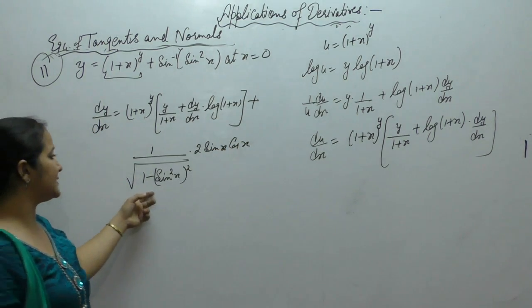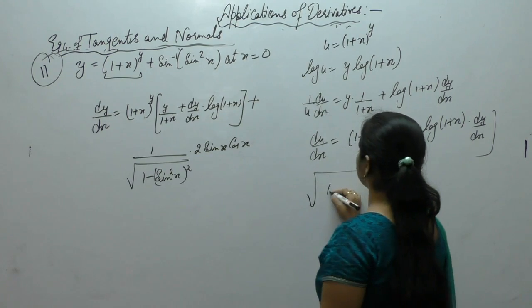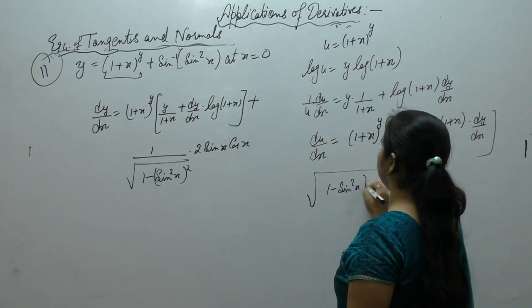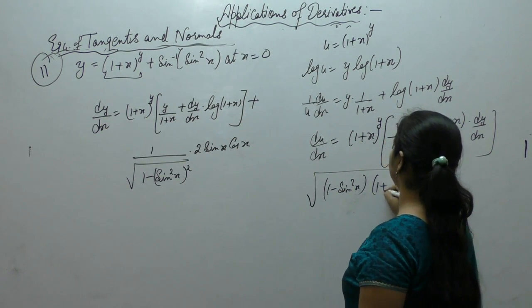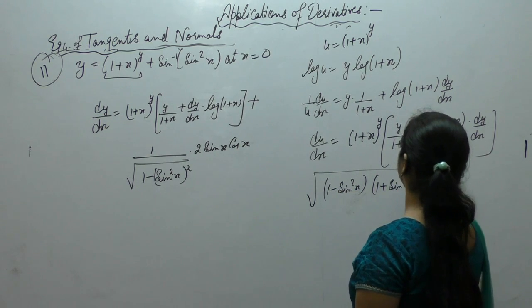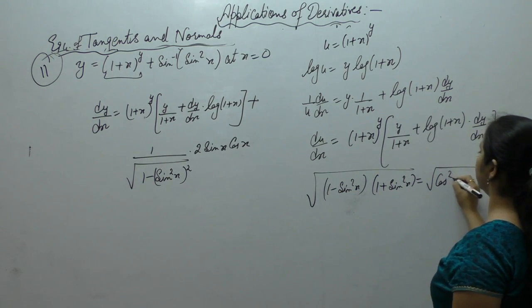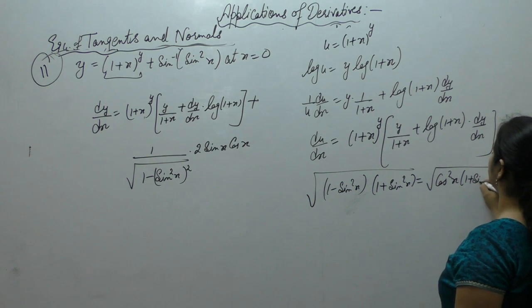Now we can write this term as a² minus b² equals (a − b)(a + b). 1 minus sin⁴x is cos²x times (1 + sin²x).